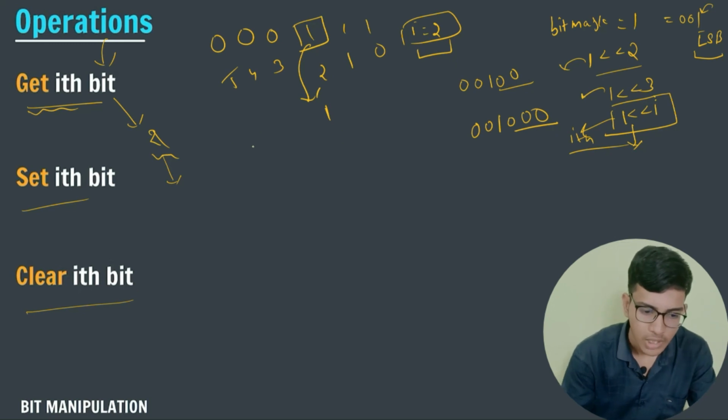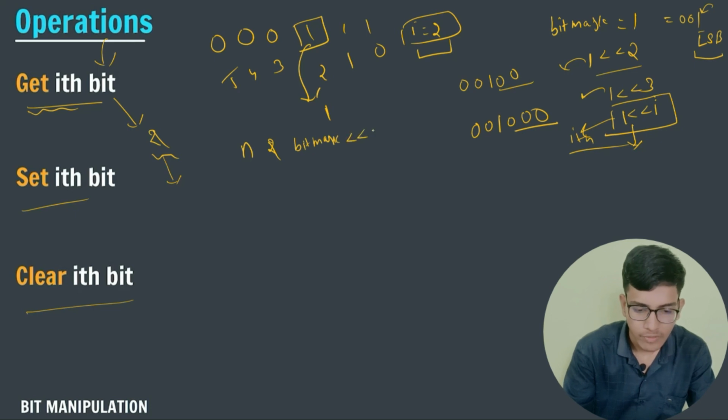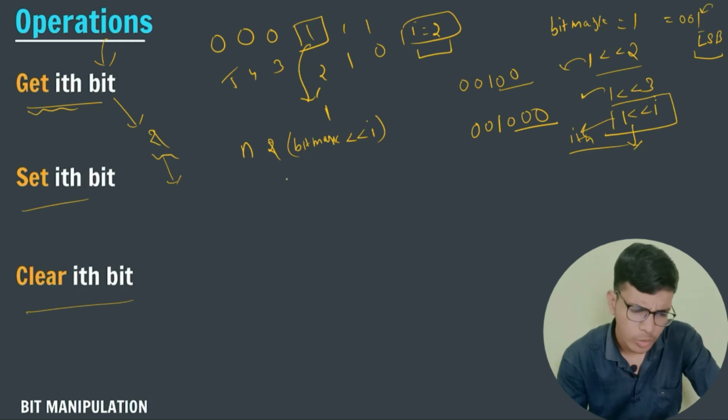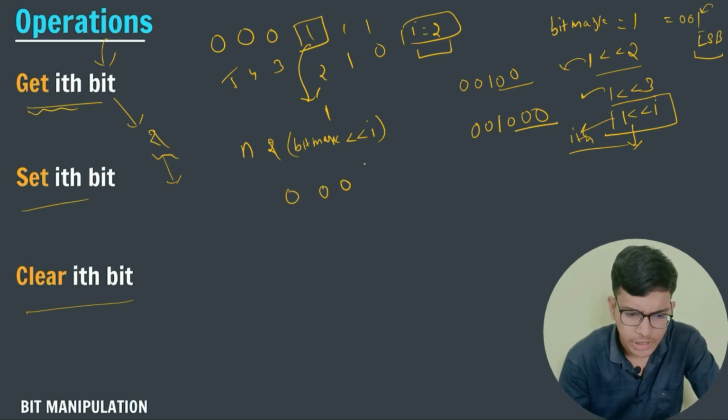Now suppose the given number is n, and I am doing a bit mask, that is nothing but 1 left shift i. Now let us see what it will give me. Let us consider that 0 0 0 1 1 1 is my given number.